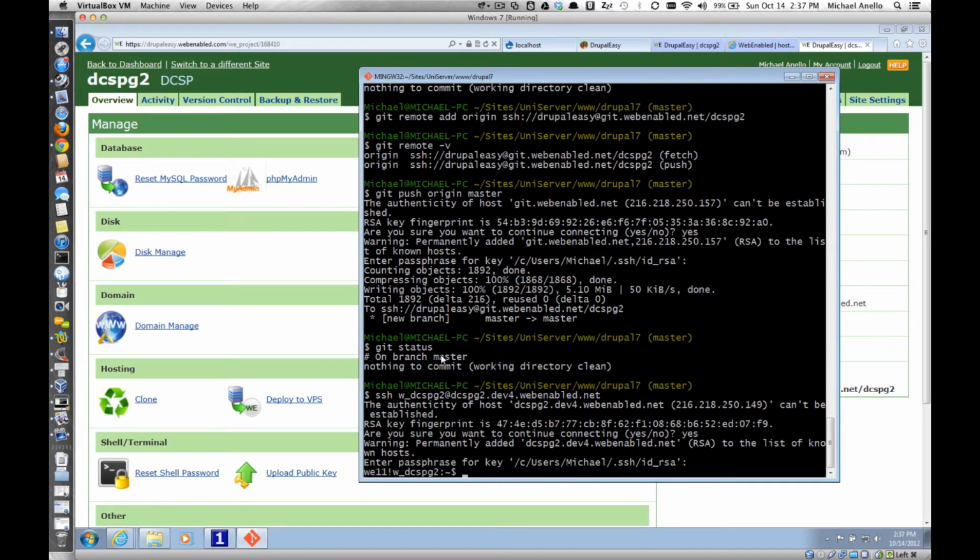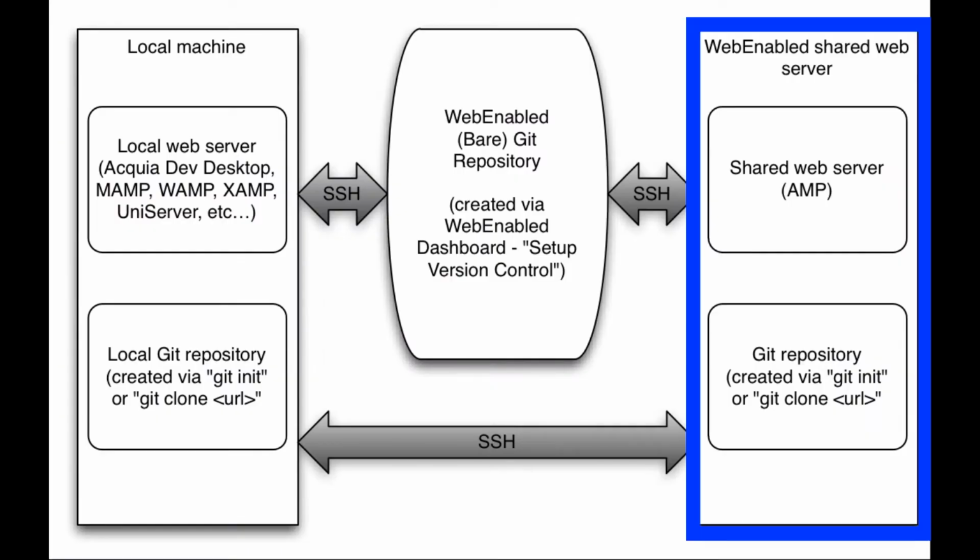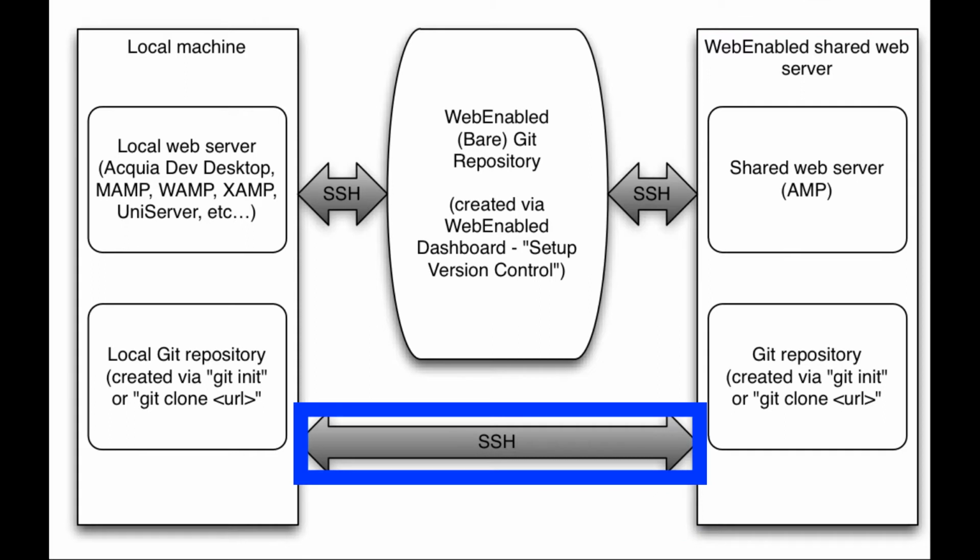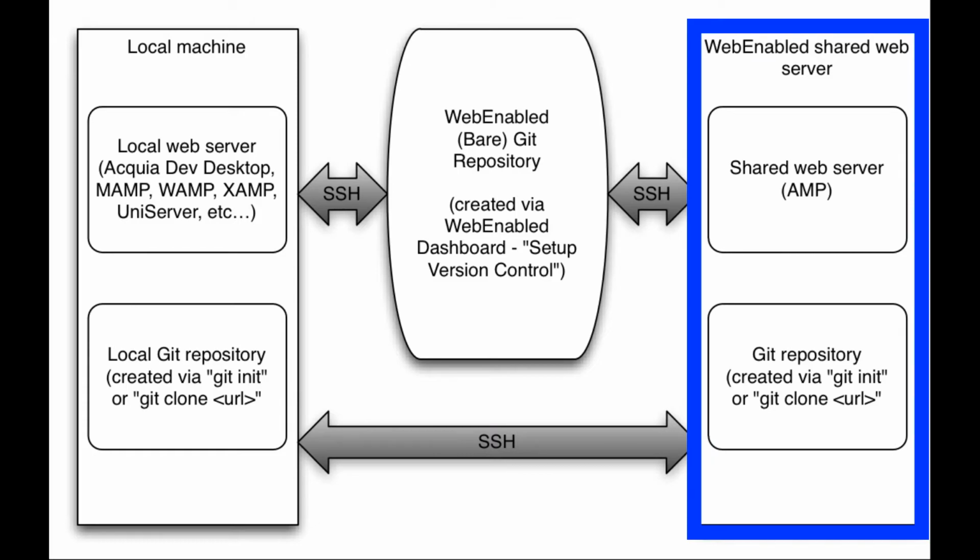If you notice, before our prompt was green and it said Michael at Michael PC, and now it says WebEnabled 11, WDCSPG2, which is our username. So this prompt tells me I am now on the remote server. I've actually logged into this server through this SSH connection, so anything I do now is done on this machine.